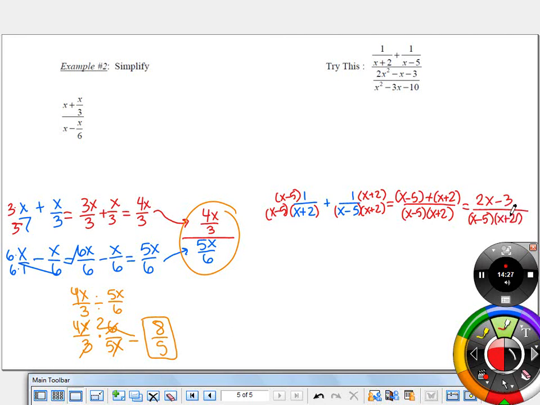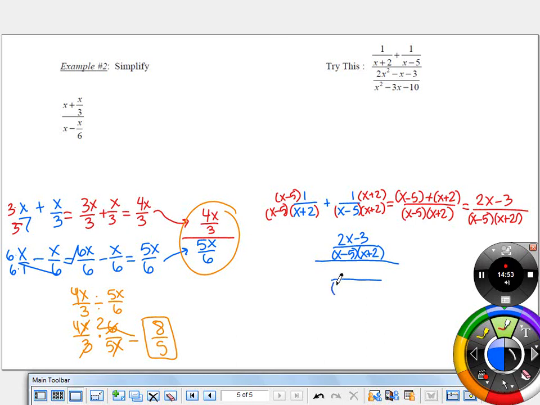Now, all that did was replace the numerator of the complex fraction. So in the original problem, I can now rewrite the top fraction as my result from the addition problem. But that's still over this other fraction, which says 2x squared minus x minus 3 over x squared minus 3x minus 10.